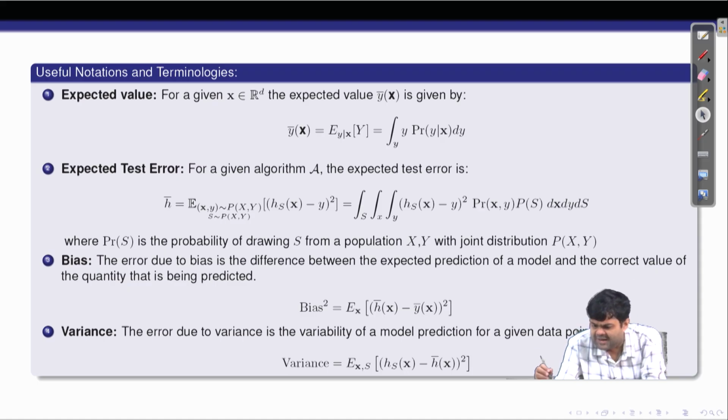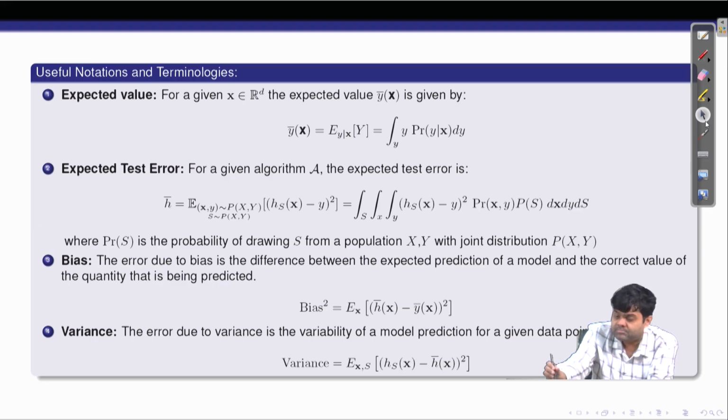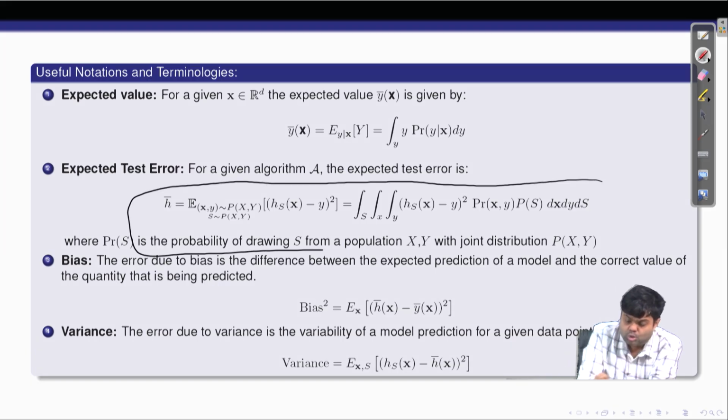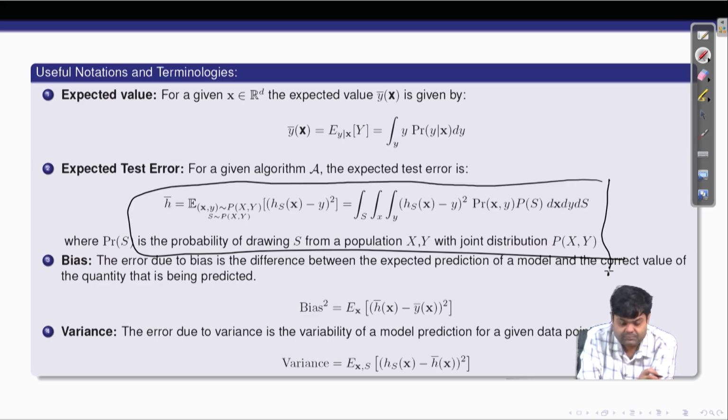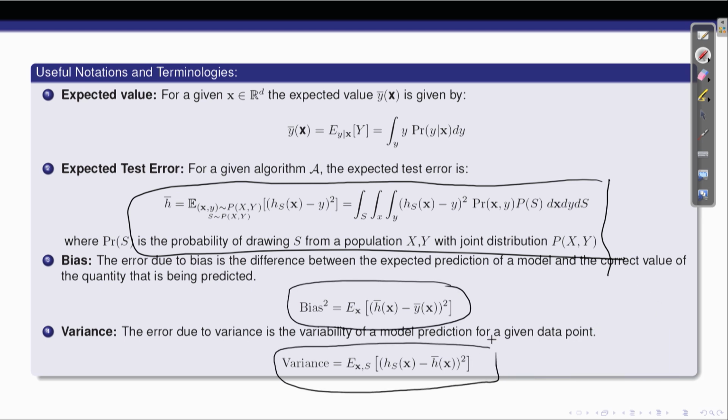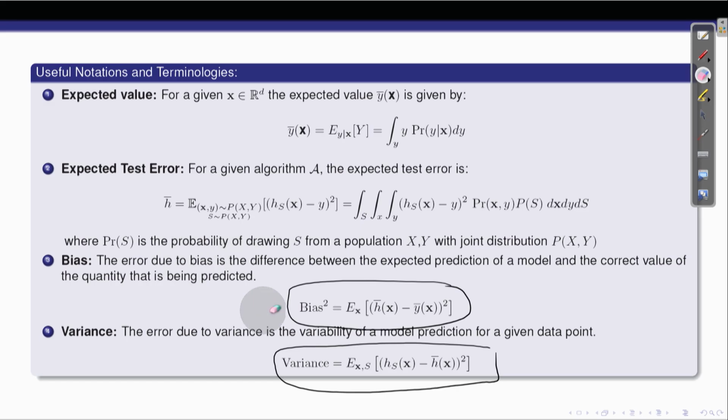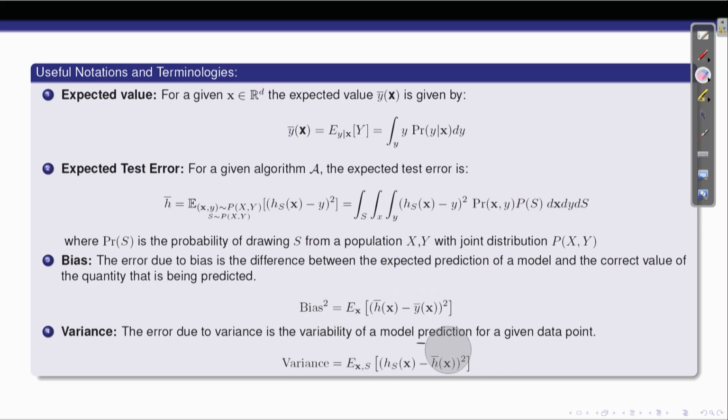Today's main agenda is to express this term, the total test error, in terms of bias and variance. Okay. So, let us move on. Today's agenda, so these are the formulas.